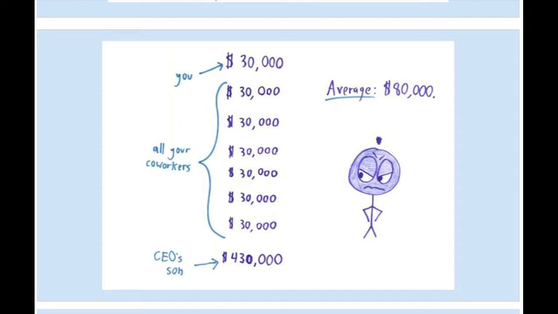So again, while the average is $80,000, it doesn't really represent the data, right? Because it is a little bit skewed. So the mean can be a little bit misleading, even if we're using the correct value.